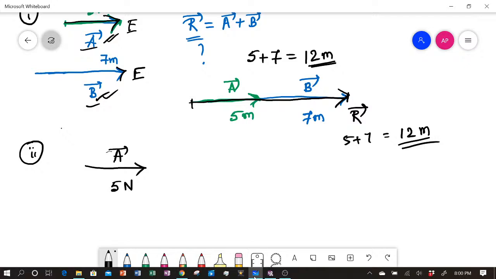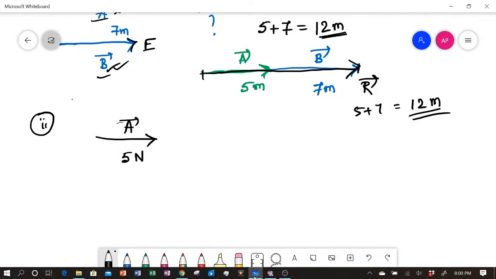Okay, now if we are asked to calculate the resultant of this A vector with another vector B, which has magnitude, suppose, again 7 Newton.